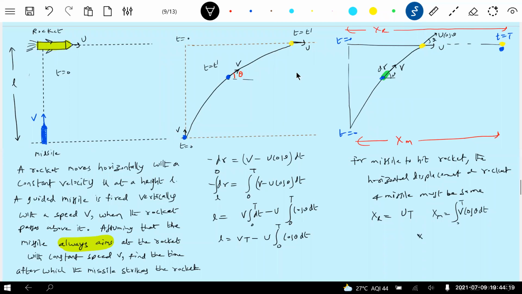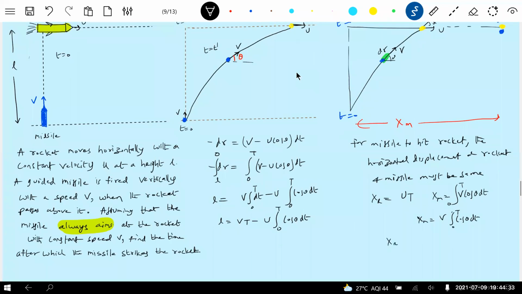V is a constant, I'll bring it outside. I'll equate these two. ut is equal to V integral of 0 to t cos theta dt. This is equation 1. This is equation 2.